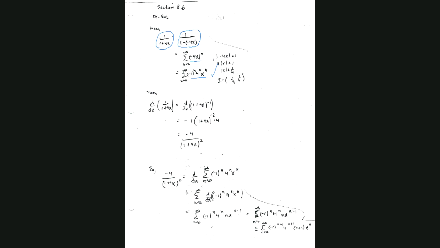And so the derivative of 1 over 1 plus 4x equals negative 4 over the quantity 1 plus 4x squared. So we're trying to end up with something that we can relate to the original function. Let me pause for a minute, let you copy that down, see if there are any questions.